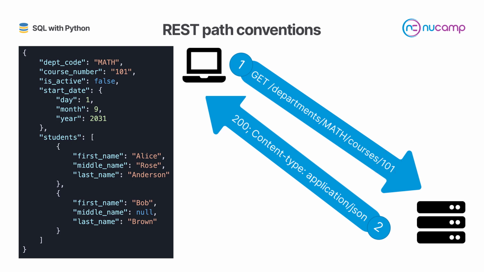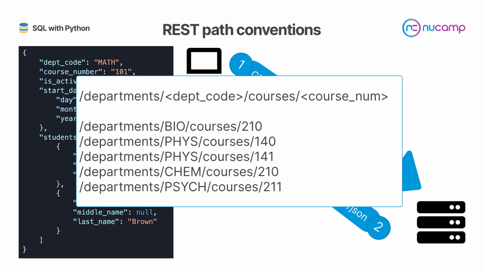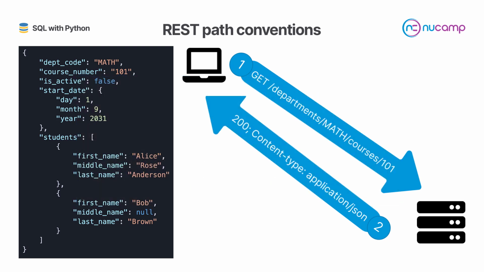This is now an endpoint that can be parameterized into departments, department code, courses, and course number. Now we know where we are likely to find data for Bio 210, Physics 140, Chem 210, and so on and so forth. Path segments that are designed to hold different values in this way are known as route parameters.